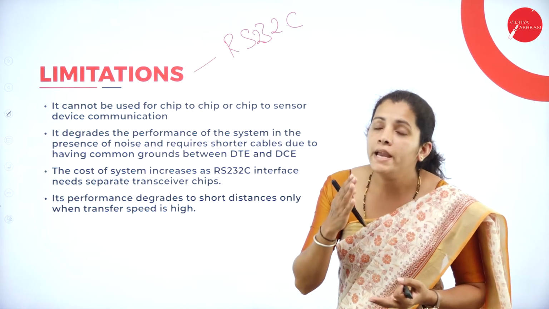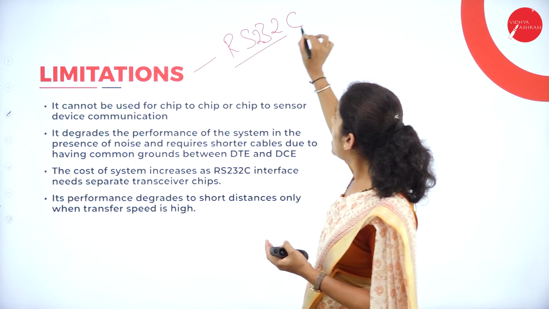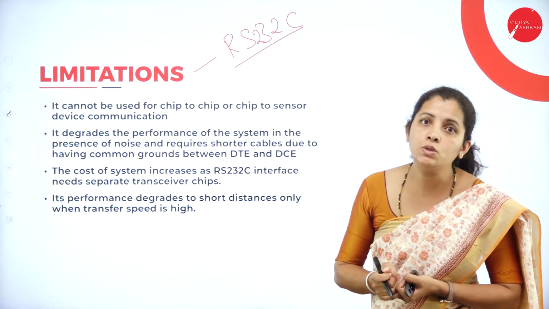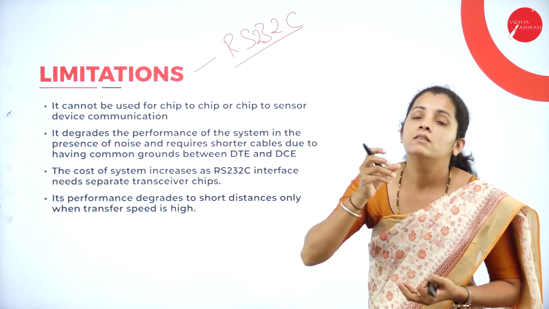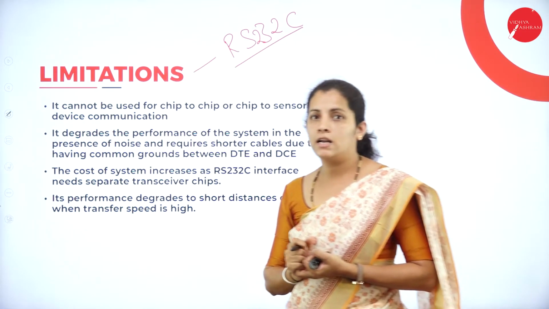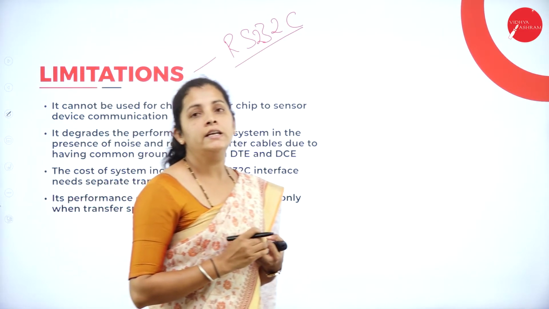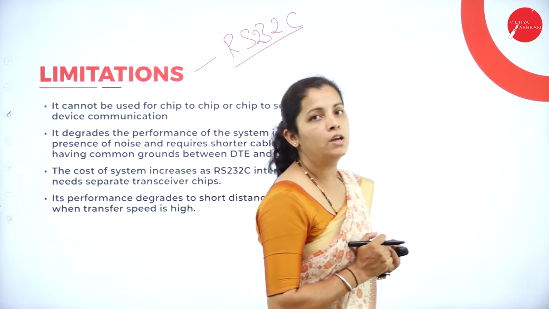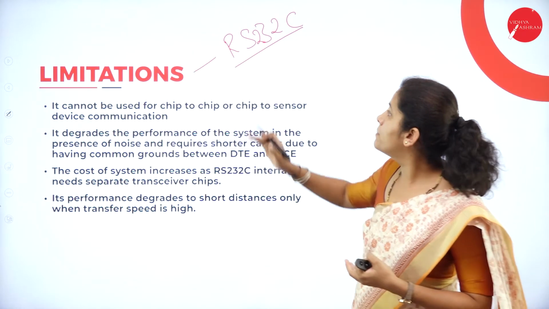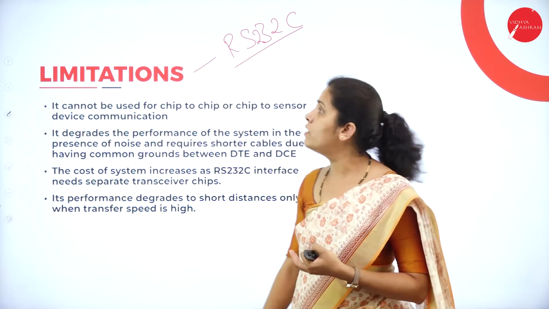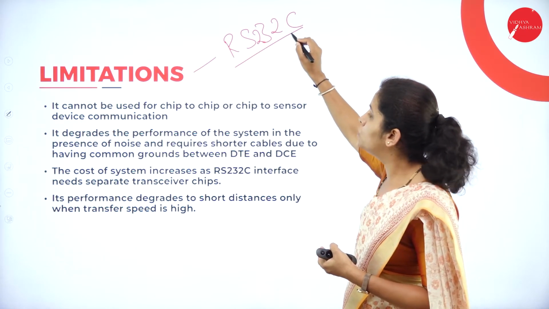Moving further, let's see the limitations or drawbacks of RS-232C. The main limitation of RS-232C is the lower data transfer rate. That means it is possible to transfer data only at a very low data rate. That is the main disadvantage of RS-232C.